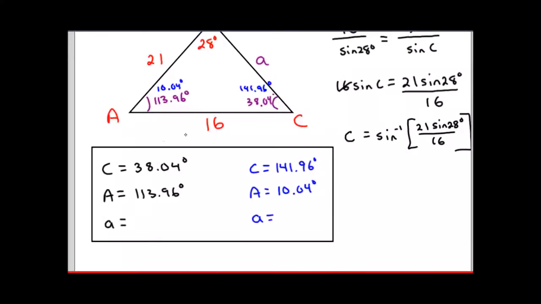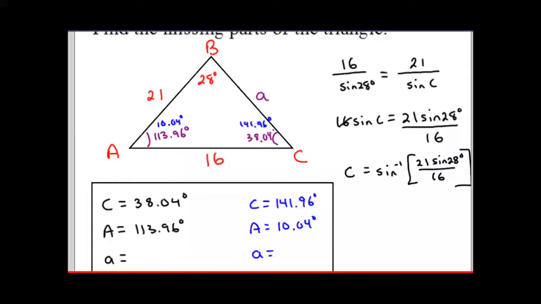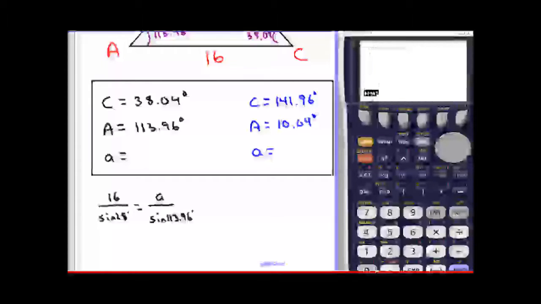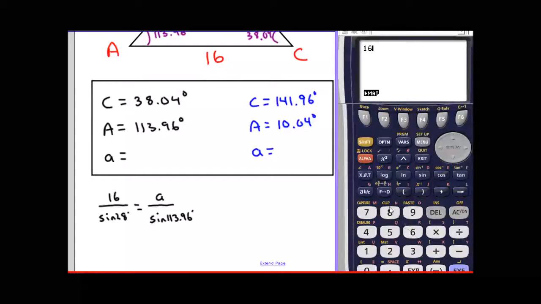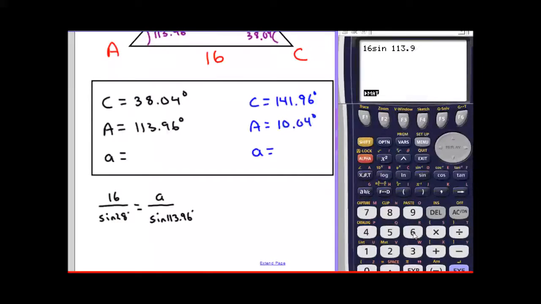The first one, if I use my angle-side pair, the 16 and the sine of 28, with side B. So 16 over the sine of 28 degrees, in this first triangle, would equal side A over the sine of 113.96 degrees. Right, so when I cross multiply and divide, I'll get 16 times the sine of 113.96. I divide that by the sine of 28.